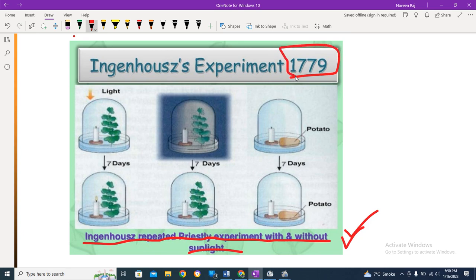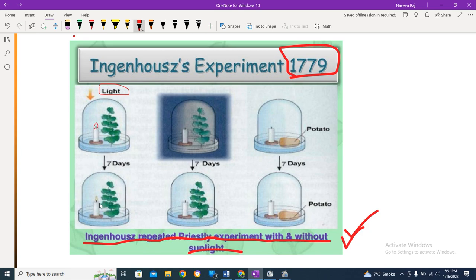Now, what did he say? If you look over here, when light is present, this means that photosynthesis is going on in the plant, and at that time it wasn't known. The same thing happened: there was a candle over there, and the candle was burning, right?